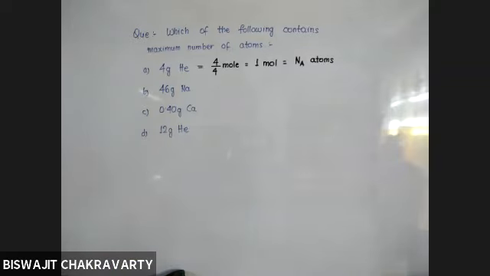Sir, is it D? According to you, it is D. Okay, let me see what others are getting. Sir, I also got D. You also got D. So 2 Ds are coming.